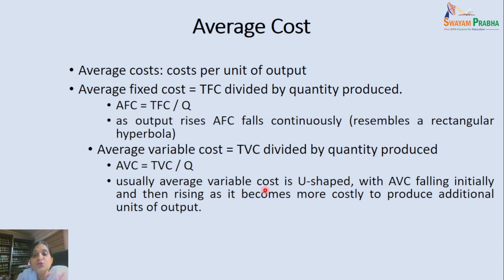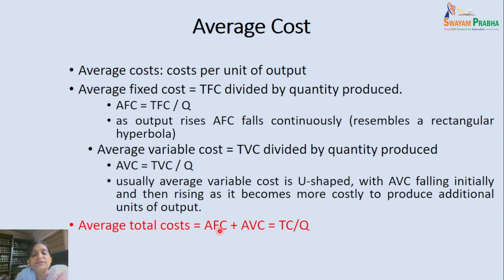It's a U-shaped curve showing that initially as your output rises, average variable cost will fall. Then it will reach a lowest point and then it will start rising. That is, average variable cost will first fall, reach a minimum, and then it will start rising.